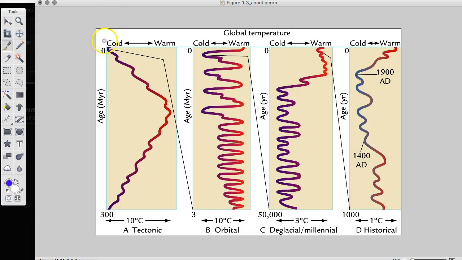So on the y-axis right here, increasing going downward, would be age in millions of years. This capital M here means million.